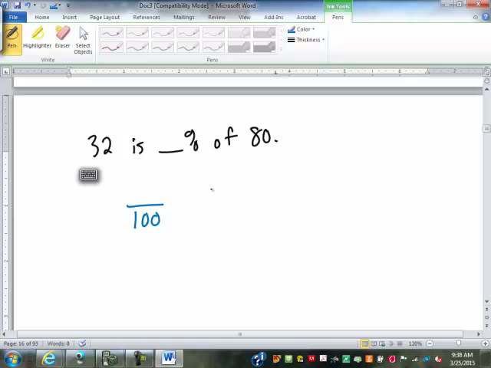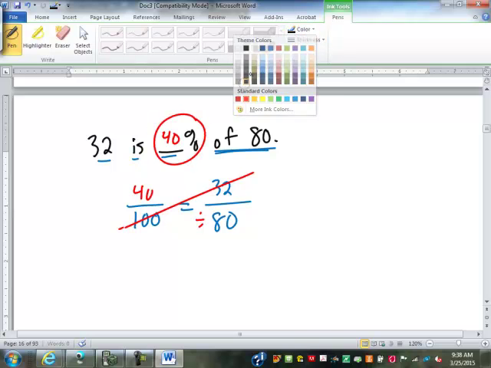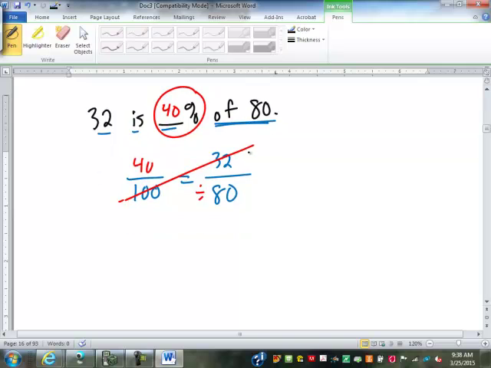The missing percent is going to be blank out of 100. And then 32 over 80. The 32 is blank percent, so the 32 goes with the blank. Of 80 is out of 80, so on bottom. So it's 100 times 32 divided by 80, which is 40. So that's 40%. Yeah, 32 is 40% of 80.